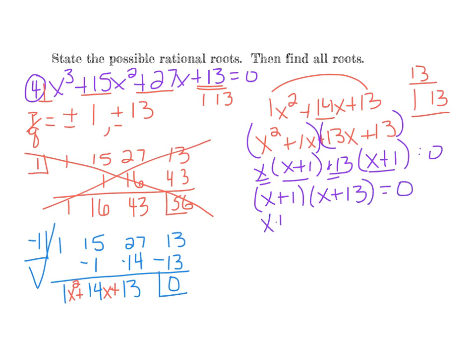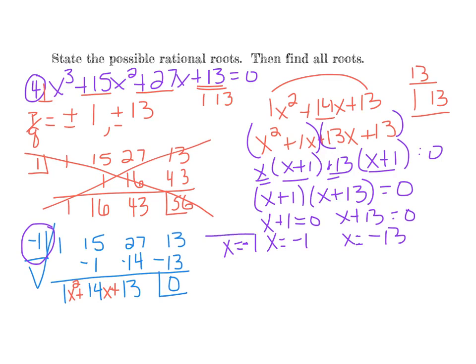Set each one equal to 0 and solve. And please don't forget this 0 that we had already found. Do not forget that we have that one. So again, we have x equals negative 1 2 times, so that's a multiplicity of 2, and x equals negative 13.